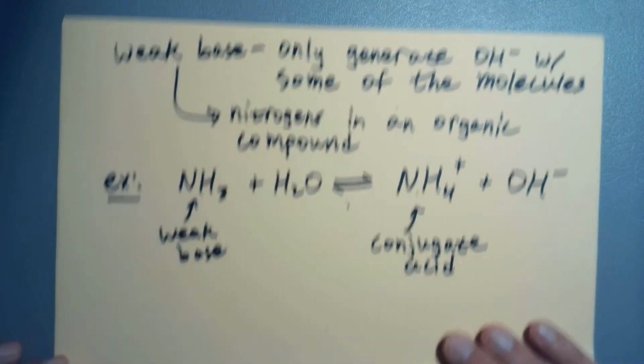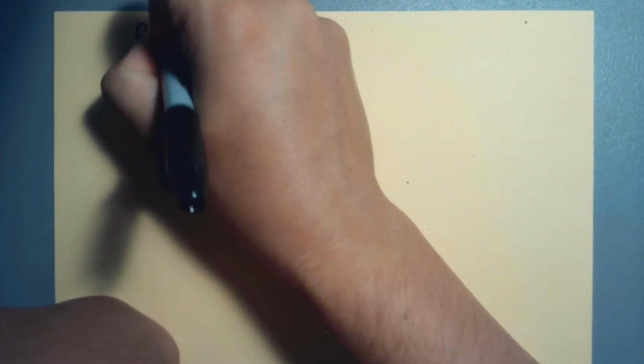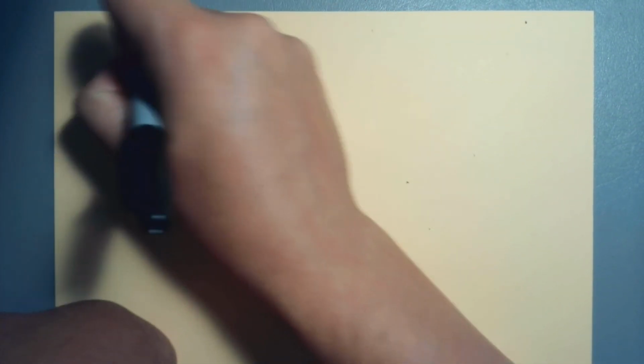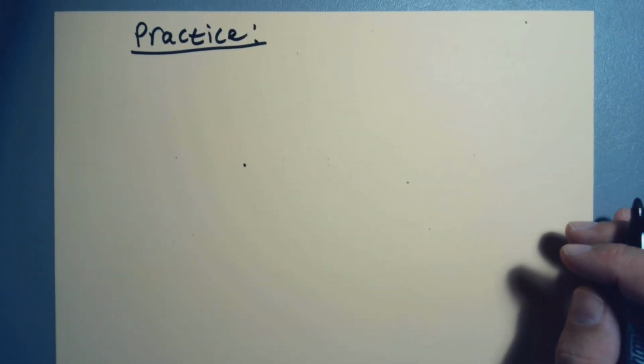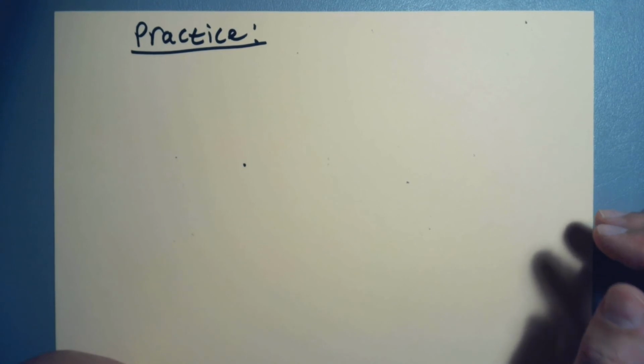Alright, so let's put this to practice. So the goal right now is just to be able to recognize if something is a strong acid or a strong base. Oh, I didn't give you the list of strong acids though, did I?